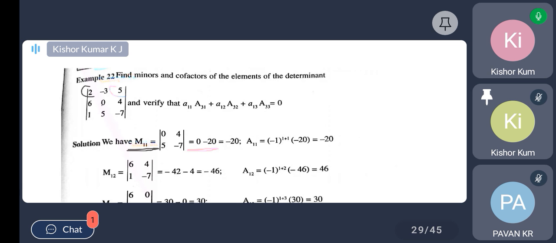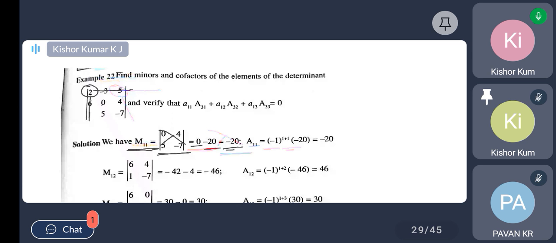Delete the first column and first row. Remaining I have considered as a 2 by 2 determinant, that will be 0, 4, 5, minus 7. Now you just evaluate this. 0 into minus 7 is 0. Minus 5 into 4 is 20. 0 minus 20 is nothing but minus 20.